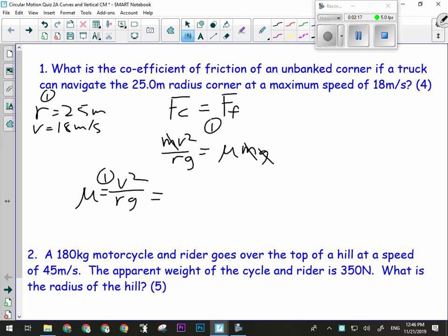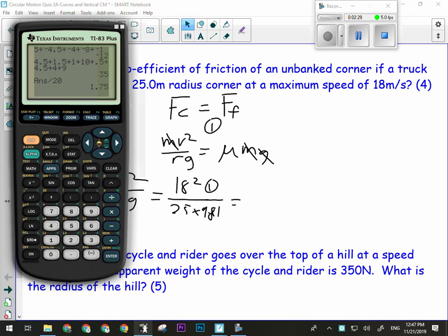Then we've got to plug in our numbers: 18 squared divided by 25 times 9.81. A mark for that. So we are looking at a coefficient of friction of 1.32.